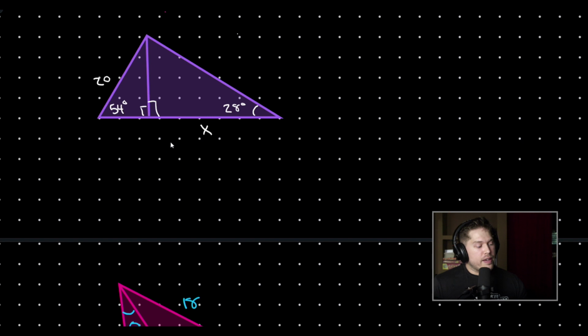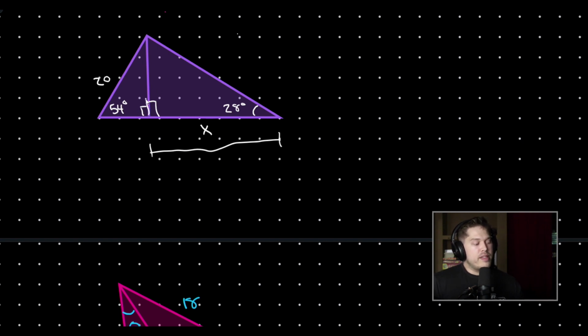So we're looking for x, and x is just this length, the bottom part of the triangle on the right. So again, before we can solve for x, we need another piece of this triangle before we can solve for it. And so we're going to solve for the shared piece.